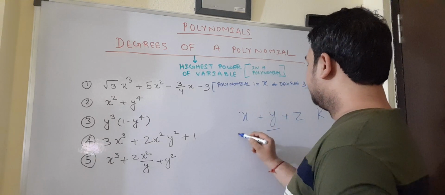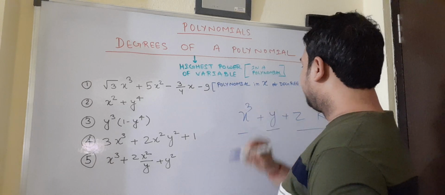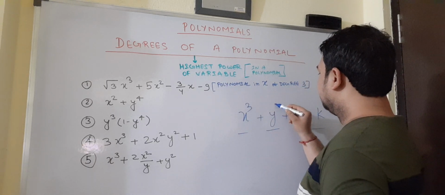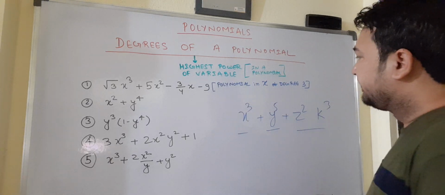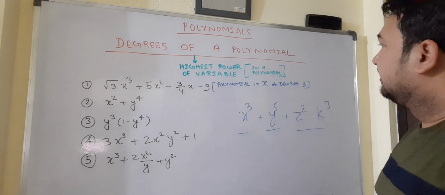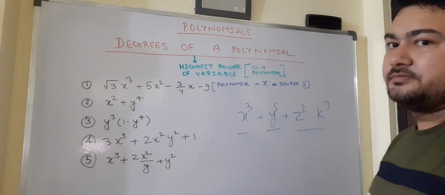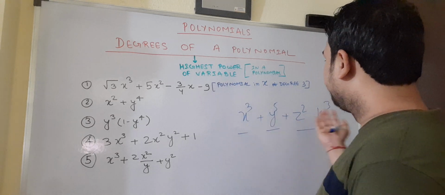Suppose this is one term, this is another term, and this is third term. It has a power of 3. This one 5, this one 2, and this one 3. So we are dealing with 4 different variables and they are having different powers.